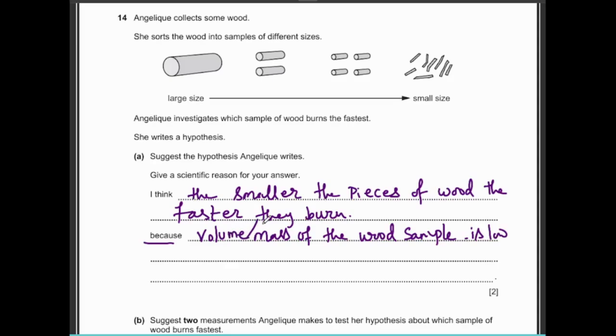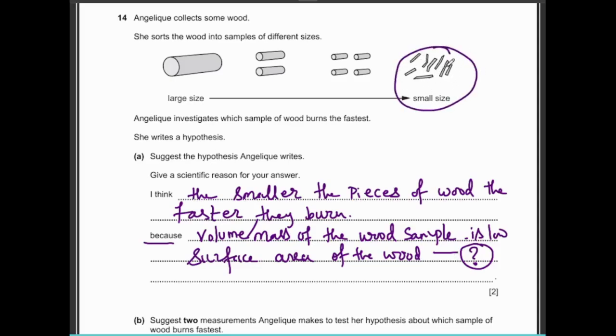The mass word can be replaced by the volume, but you can mention it that surface area of the wood. Is it low or more? Tell me. What are we talking about here? Surface area, but is it very low for the small piece, or is it very much high for the small size? Let me know into the comment box of the topic related to our density and about the surface area.